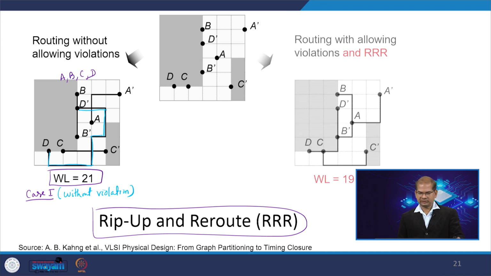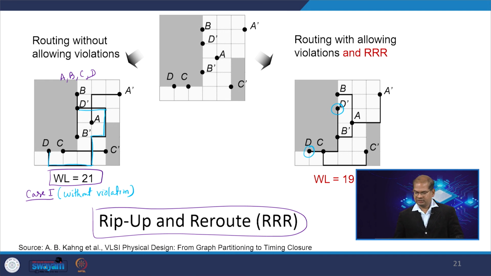So, another solution is that we route both D and B together. There will be some kind of violation, D and B will be routed together, but if I allow D to be routed from here to here and detour the B, the impact is less.